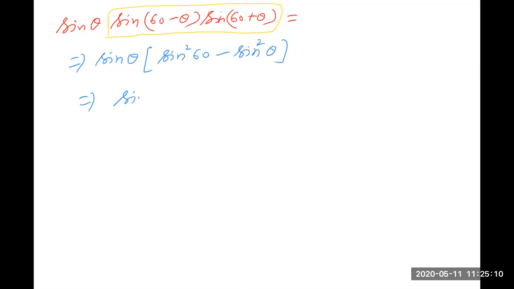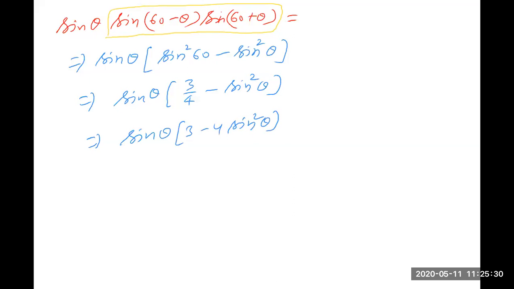So this is equal to sin theta. Now sin 60 degree is root 3 by 2, whole square. So 3 by 4 minus sin square theta. This gives you sin theta into 3 minus 4 sin square theta upon 4.